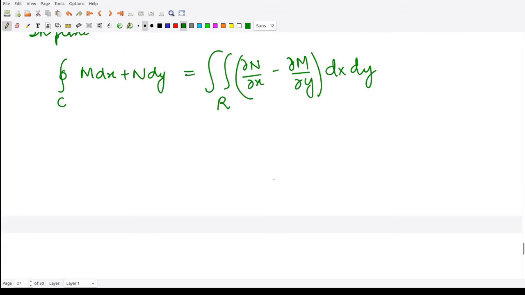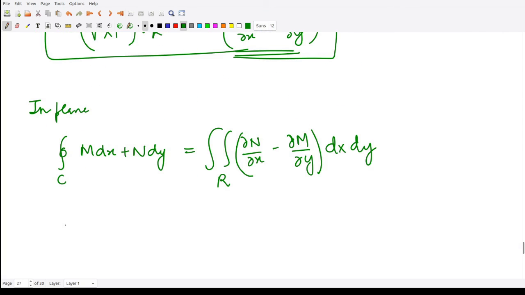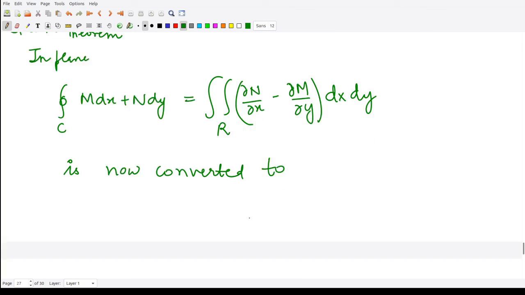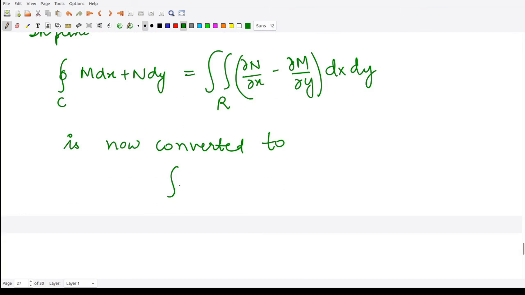Green's theorem in plane is now converted to the integration over the closed curve C of this quantity.